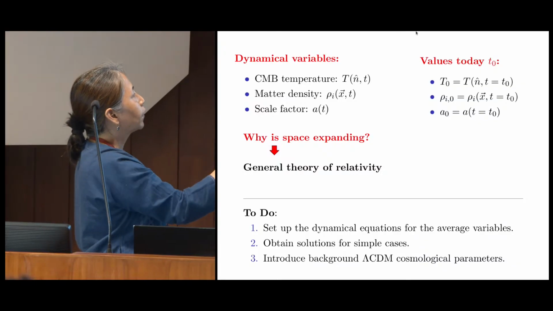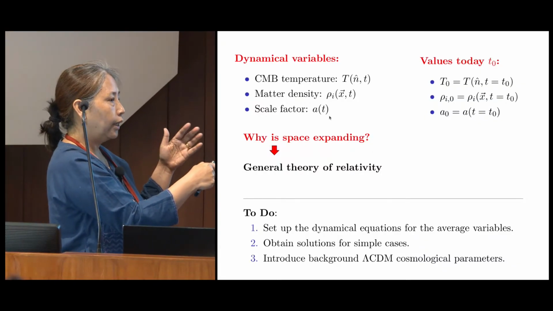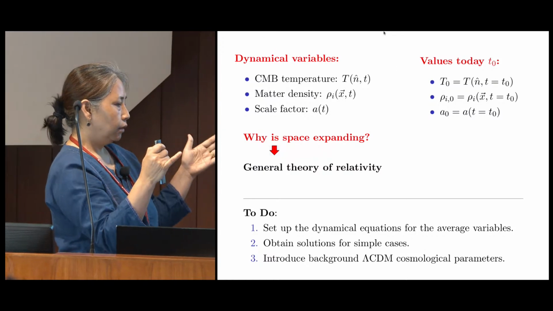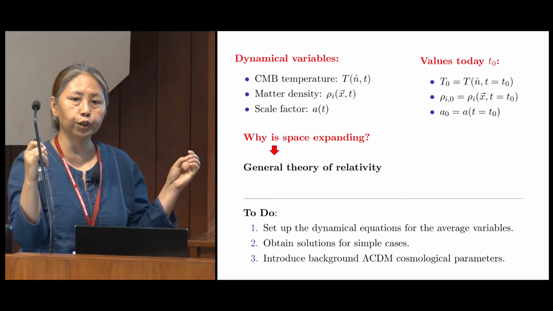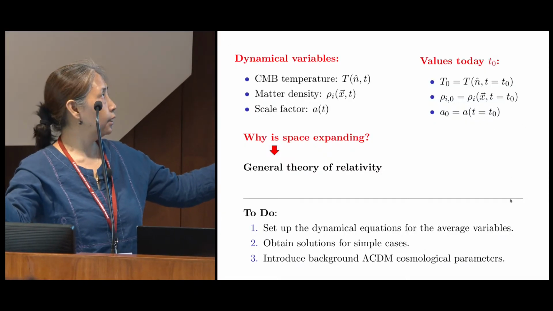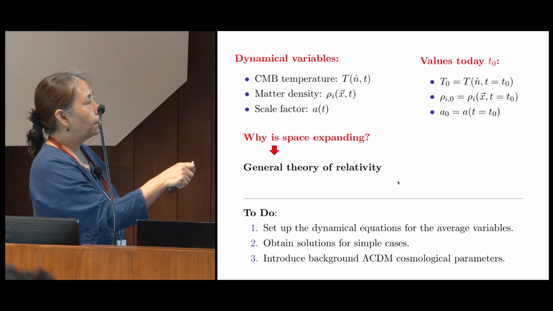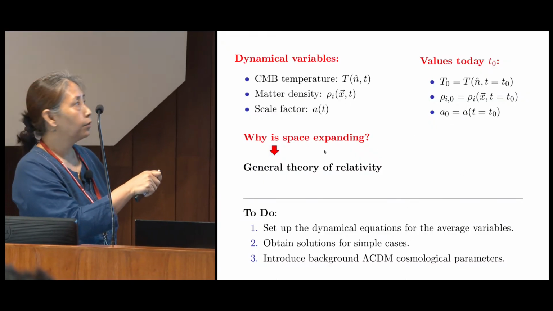We also introduced the scale factor, which is not the rate, but the distance measurement between two points. If it changes at a later time, the change is captured by this variable a, which will change as a function of time.